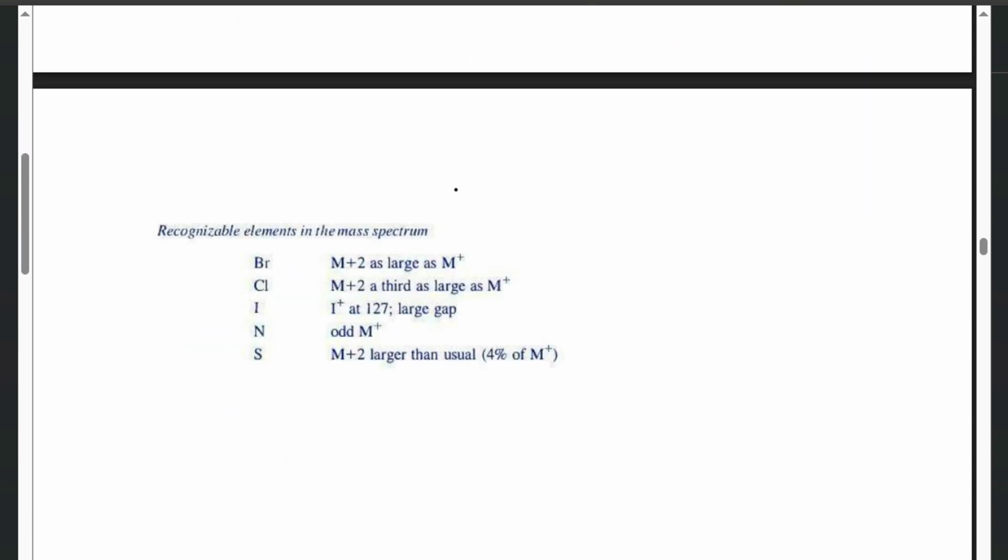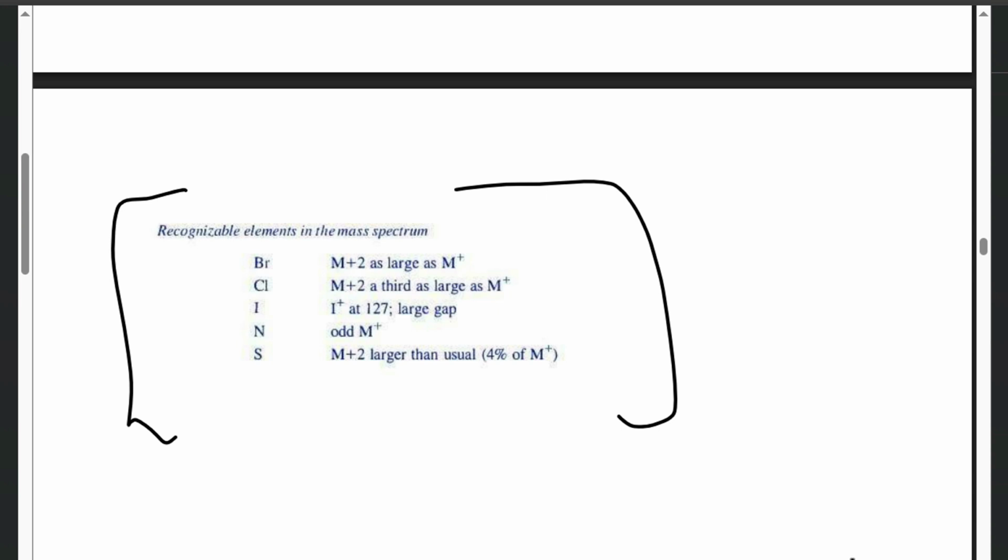So now it's important to be able to recognize these elements in the mass spectrum. For bromine, the M plus 2 is as large as the M plus, right? For chlorine, the M plus 2 is a third as large as the M plus, right?